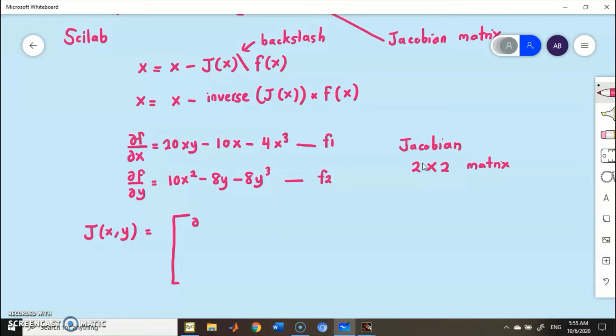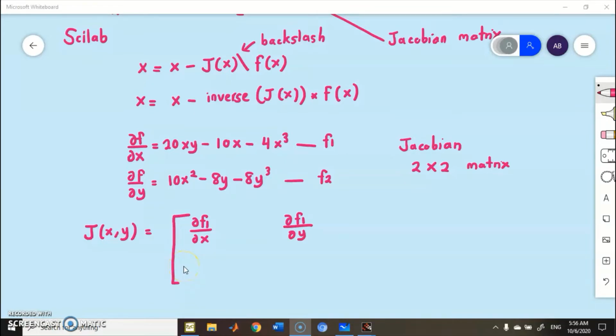The first row: the function f1 with respect to x, and f1 again with respect to y.